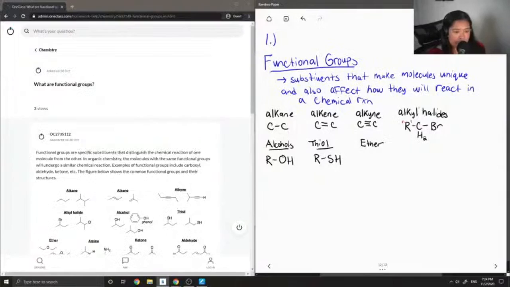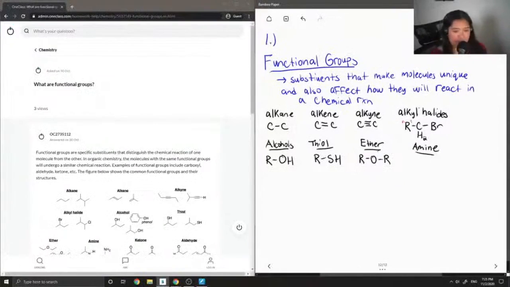You can have an ether group. The way me and my friends remembered ether groups is that there's a carbon on either side of the oxygen. That's just how we try to memorize these different groups. That's what an ether is.